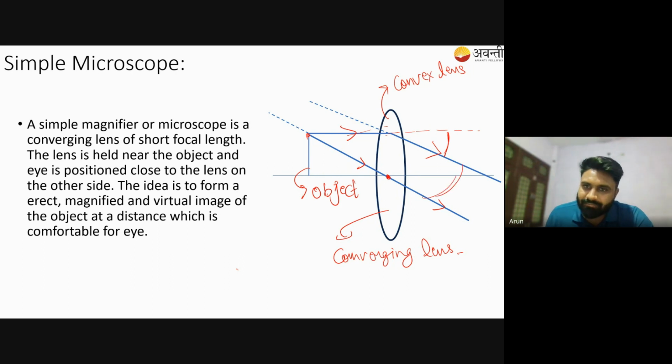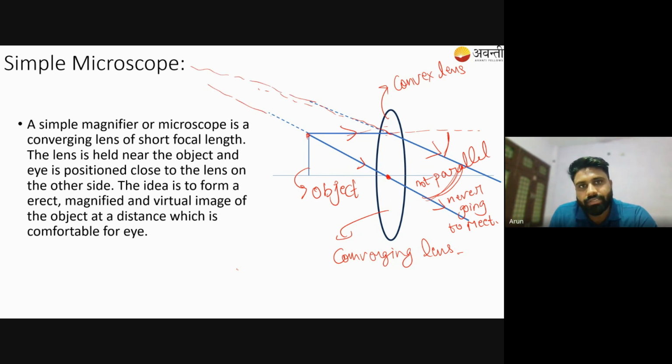But these rays after refraction are never going to meet because they are not parallel. If these are not parallel, then after refraction they are never going to meet. So if we try to extend these rays, they would appear to be meeting at some point far distance away.